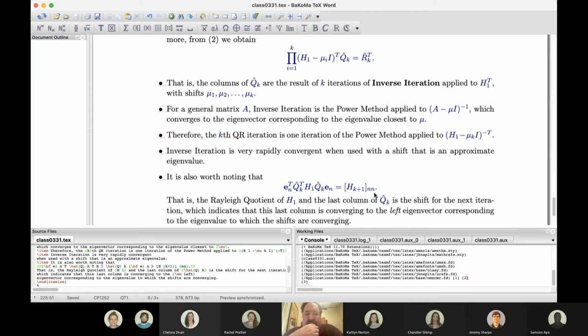So this gives some insight into why this repeated shifting and QR factorizing actually works. Because it can be seen to literally be an instance of applying an iteration that is known to rapidly converge to an eigenvalue-eigenvector pair.